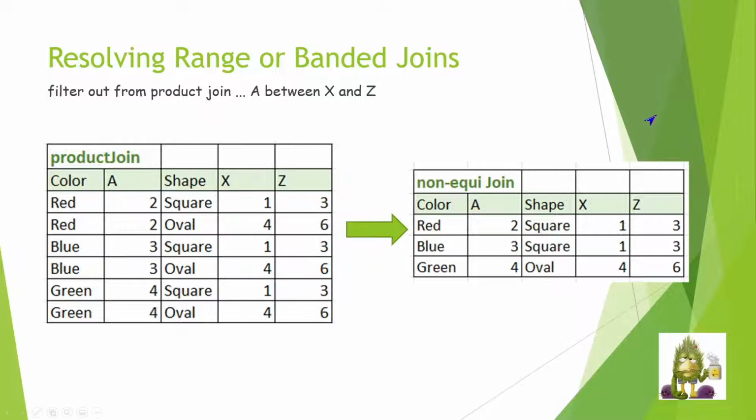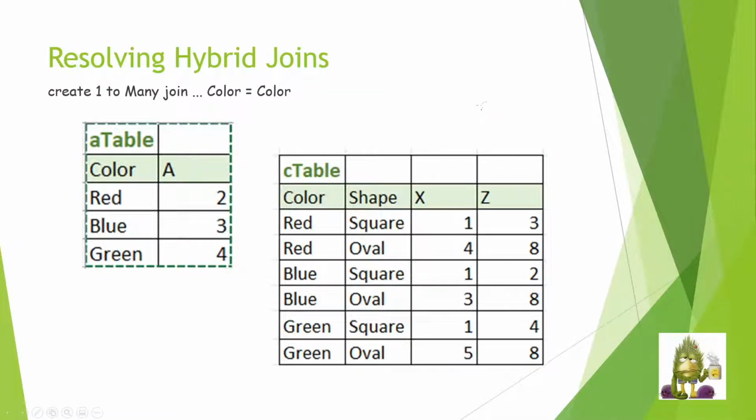Now, sometimes when you're joining tables, it isn't a straight equijoin nor non-equijoin, but it's a hybrid that involves both of them. In this case, I've thrown in a table C, which again has ranges in it, but there's a range for each color in order to determine its shape. So red, blue, and green each have their own set of ranges or bands.